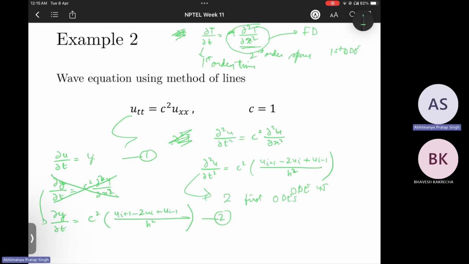I think I have not mentioned the boundary conditions here. So my boundary condition is that I'm initializing with a displacement of u at x equal to 0 as 0, u at L as 0, and my initial condition is u at t equal to 0 as sine 2 pi x.